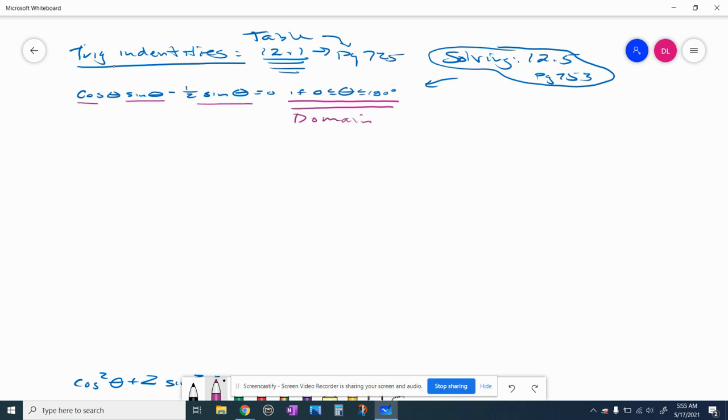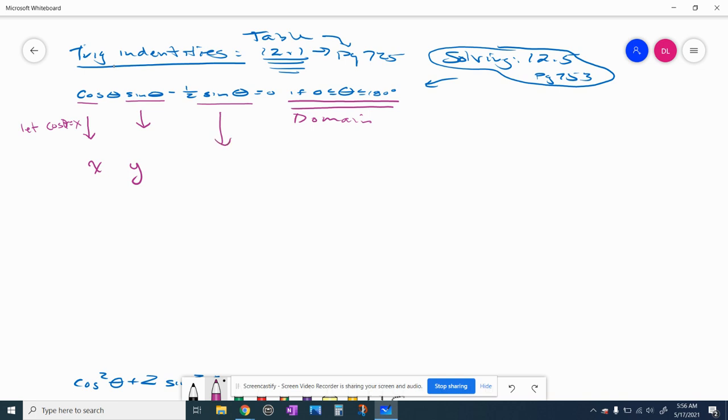So we've got a couple of options here that I want to show you. If we treat these like variables, let's just say I'm going to make cosine x. So I'm going to say let cosine of theta equal x. And then I'm going to make my sines y.